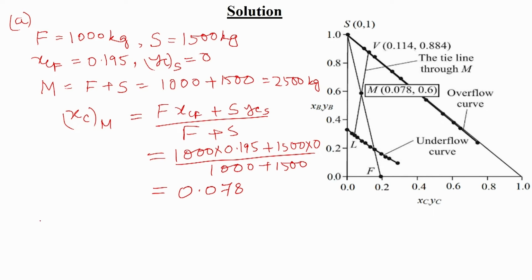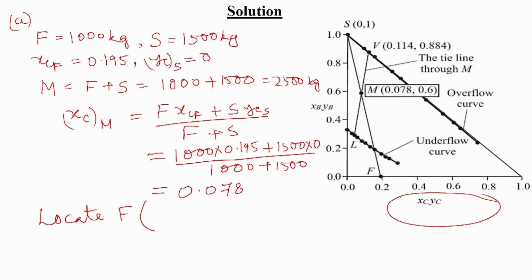So, first we need to locate this F. F will be like this on the C axis. Every time we put F on the C axis, because it contains only A and C. Okay.